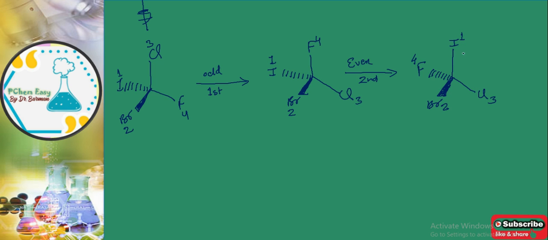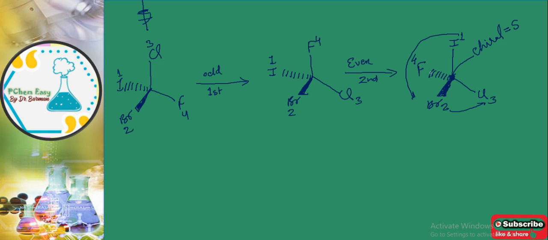So what will we have to do now? We have to move 1 to 2, 2 to 3. We cannot move like that. 1 to 2, then 2 to 3. How is it moving? Anti-clockwise. So the configuration of that chiral carbon, as it is moving anti-clockwise, will be S. See this, fluorine is in dash.